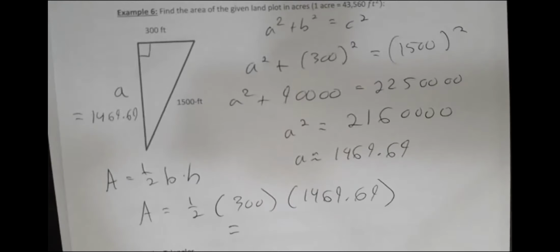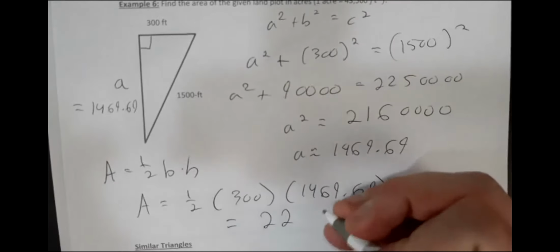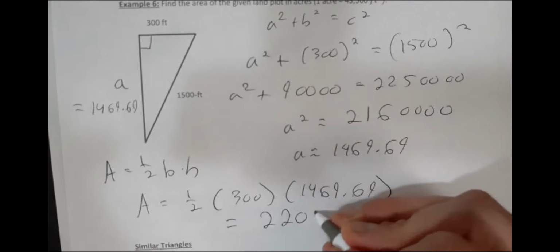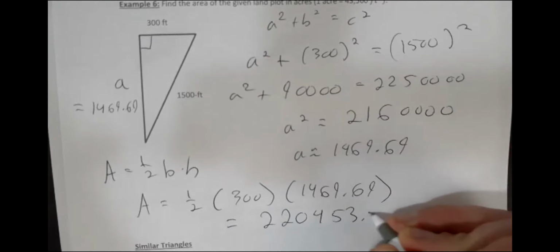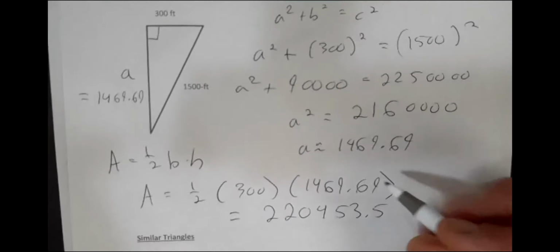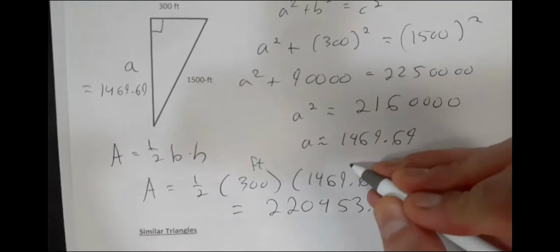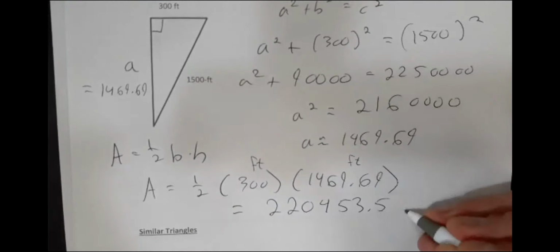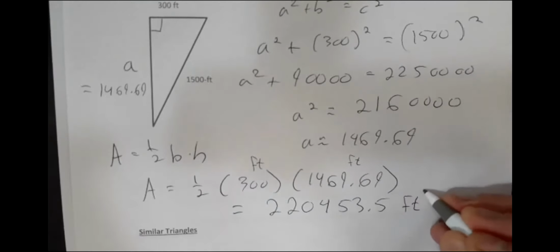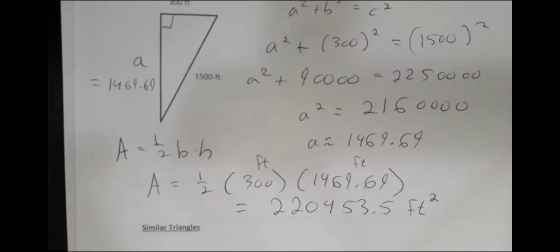And if I crunch these things together, I should be getting something like 220,453.5. This is talking about the area. This is in feet squared.